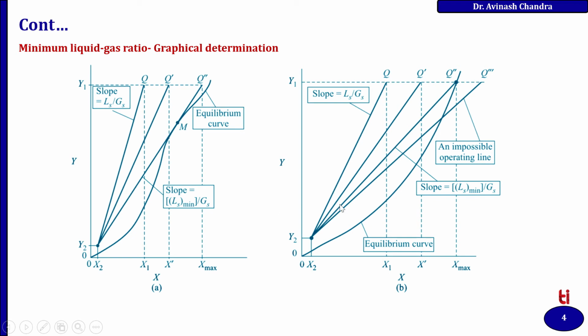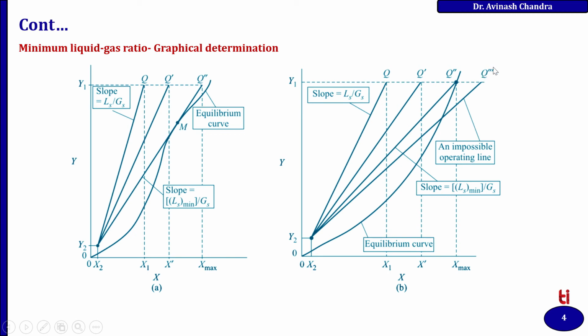And then draw a line from x2, y2 to this particular position X1 max. So the line Q double dash will show the minimum liquid gas ratio and having the slope equal to Ls minimum upon Gs.